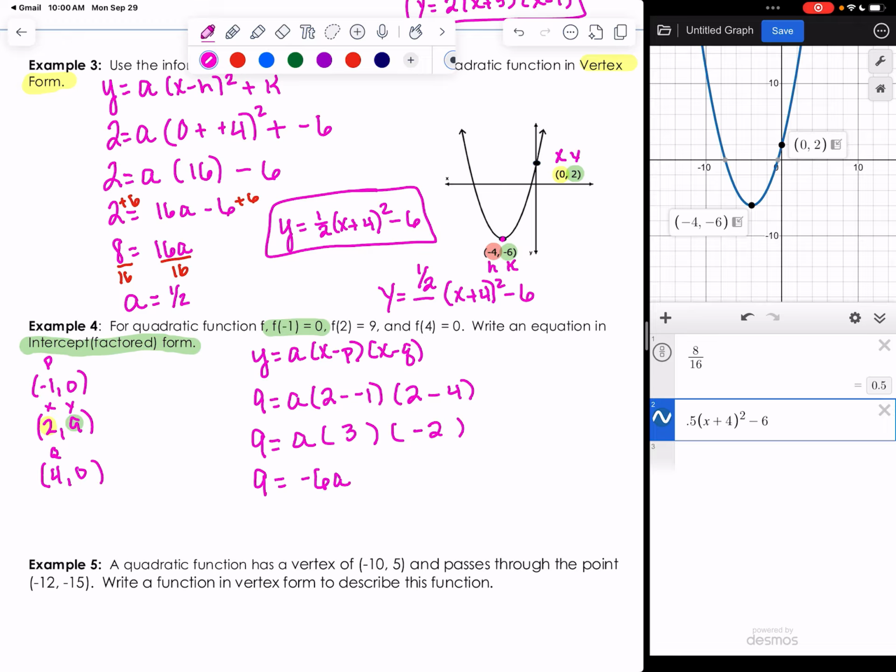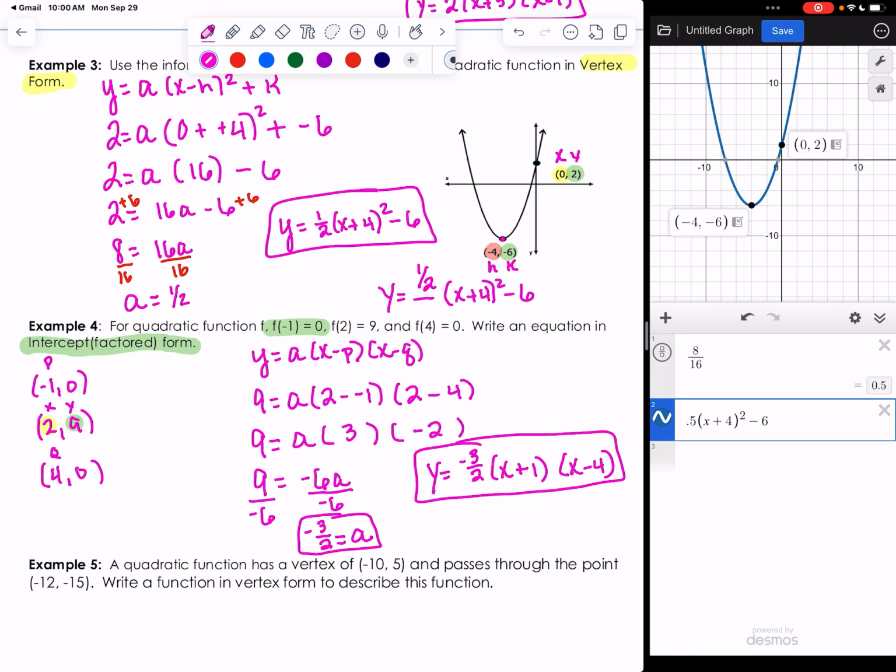Now let's solve for a by dividing both sides by -6. So we know -3 over 2 is equal to a. Now that we have the value of a, we can write our equation in intercept or factored form. So y equals -3 over 2, (x plus 1), (x minus 4).